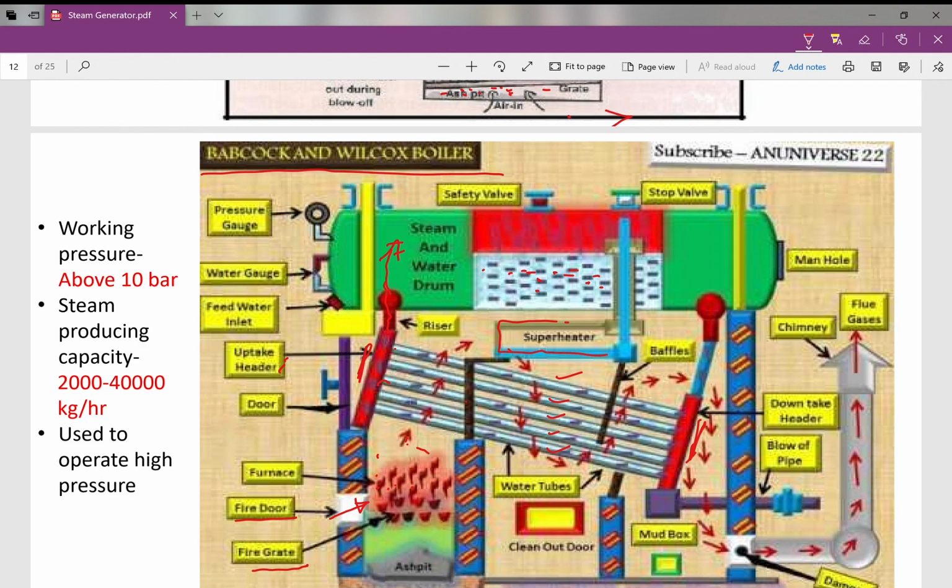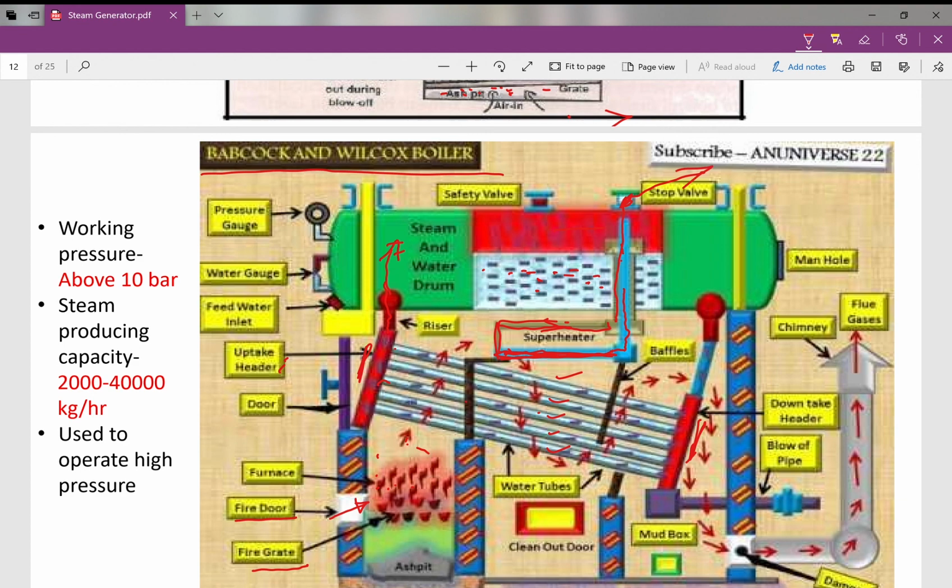So this superheater gets steam from the top one, right? It comes in this way. This is taking an extra amount of heat, the tube of the superheater, from these hot gases, and then here we get superheated steam which is supplied directly over here, and through this stop valve it goes out to a steam turbine or steam engine.